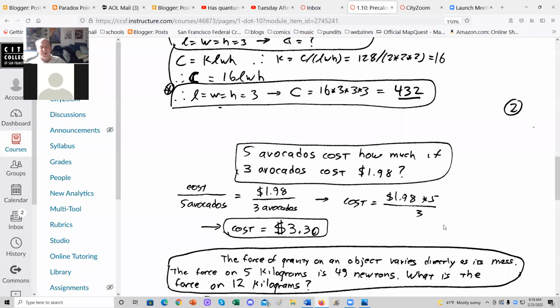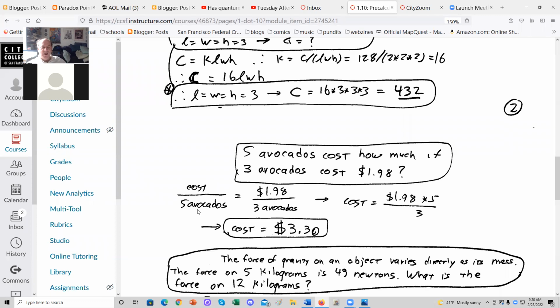And here we have a proportions problem. Very pragmatic, day-to-day kind of problem. 5 avocados cost how much if 3 avocados cost 1.98? Now, this isn't quite right inasmuch as it's obviously not taking into account taxes, for example, and there may be fixed costs that the store is charging. But assuming proportionality, then we can solve it basically by rhetorical algebra, because proportionality means that these proportions are equal.